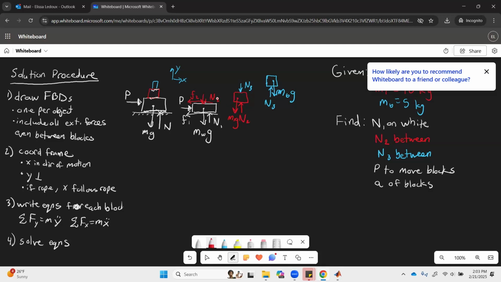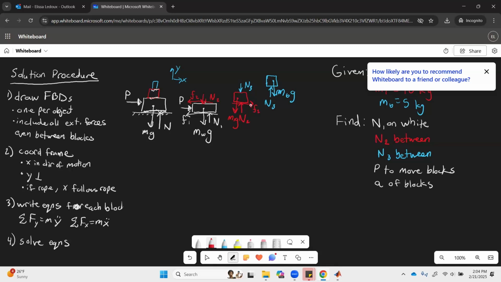So now here on the red block, this friction is the same friction between the two blocks. Because these are like reaction forces, the friction between red and white on the red block has to point in the opposite direction. So we will push that to the right. Call that F2. We know that's the case because if you think about the white block trying to move out from underneath the red block, that's going to be smearing to the right.